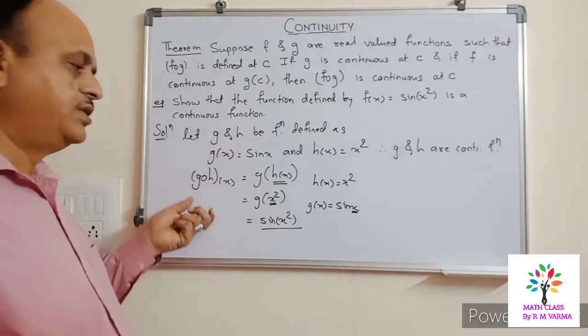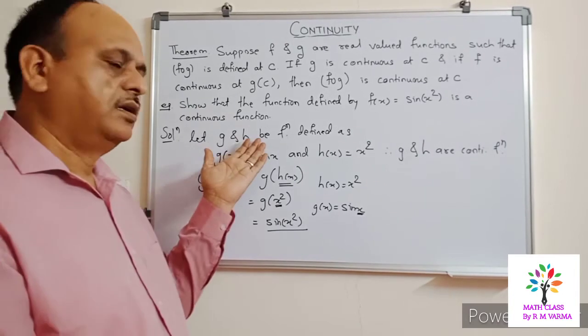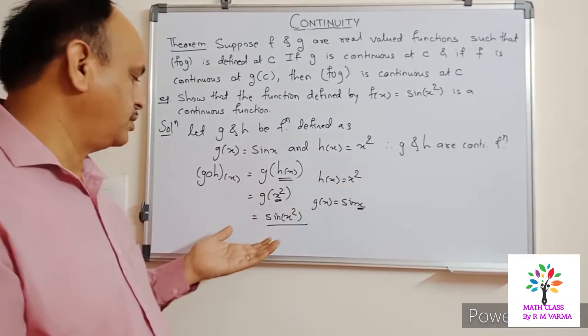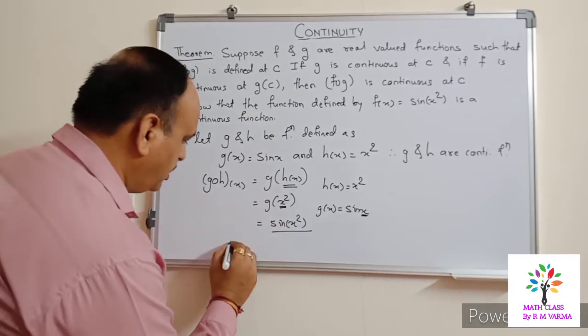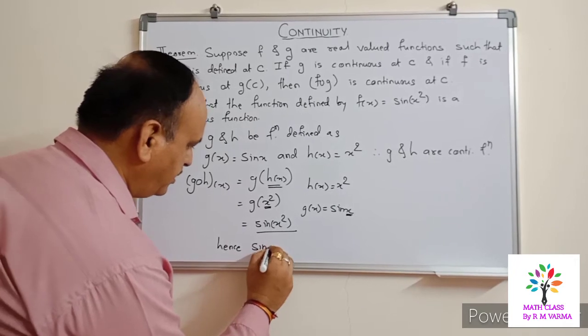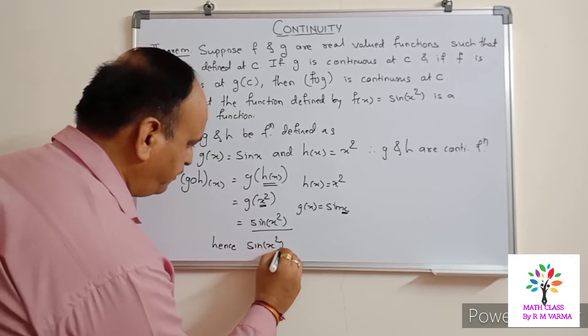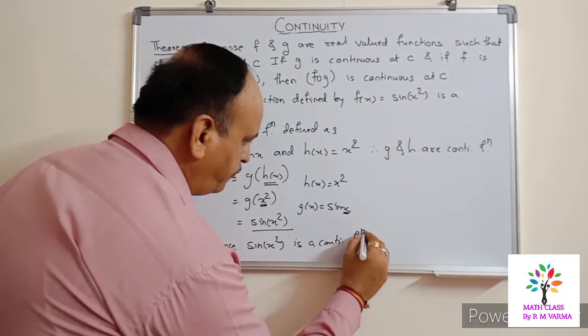Therefore, composition has taken place and both the functions, g and h, are continuous. Therefore, the composition function is also continuous. Hence, sin x squared is a continuous function.